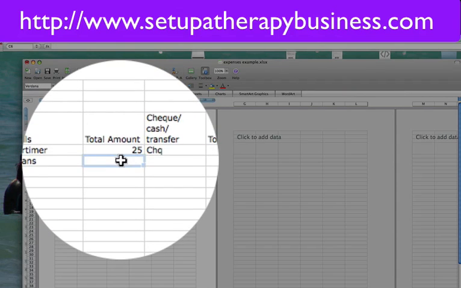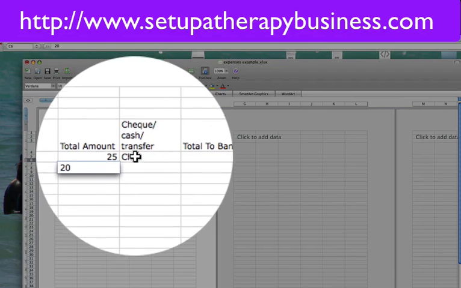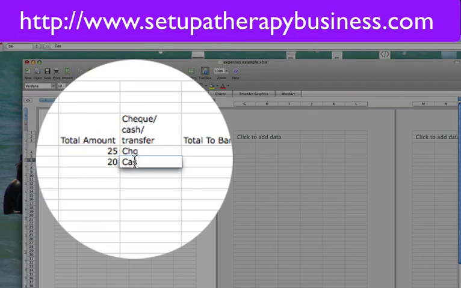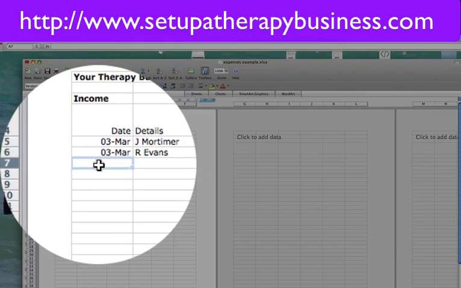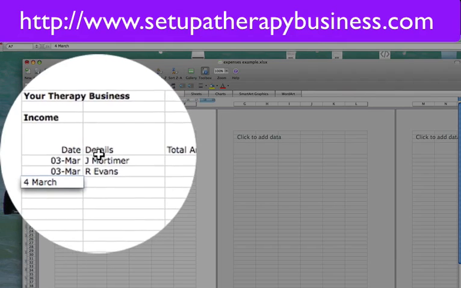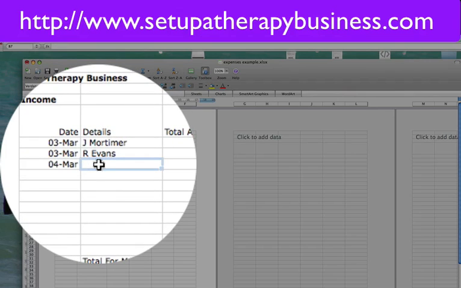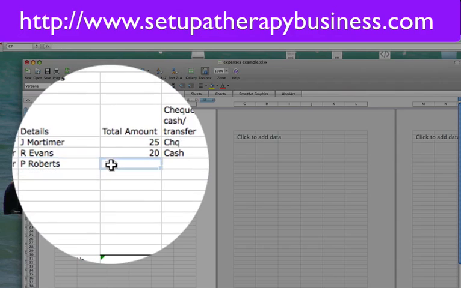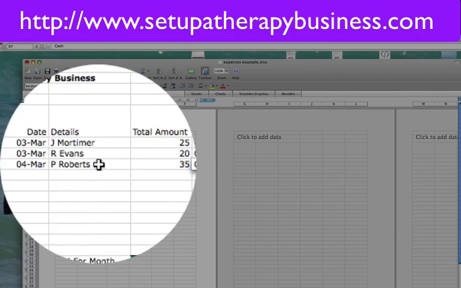They paid a total amount of £20 and they paid cash. On the 4th of March, we had somebody called P. Roberts. They paid £35 and they paid cash.